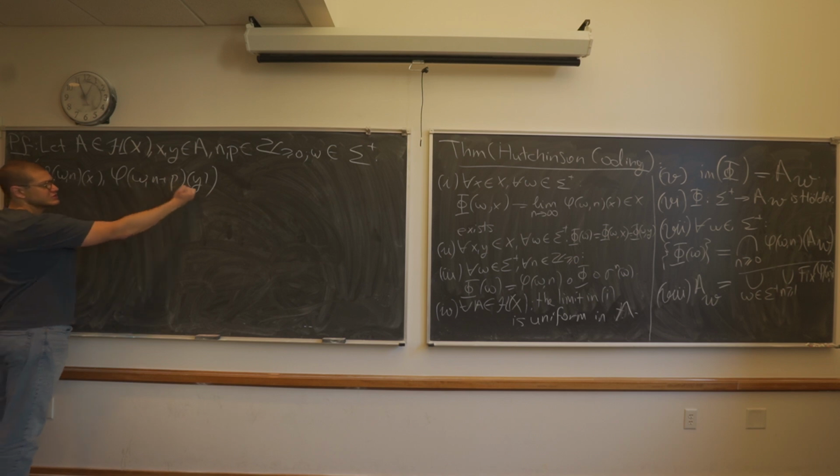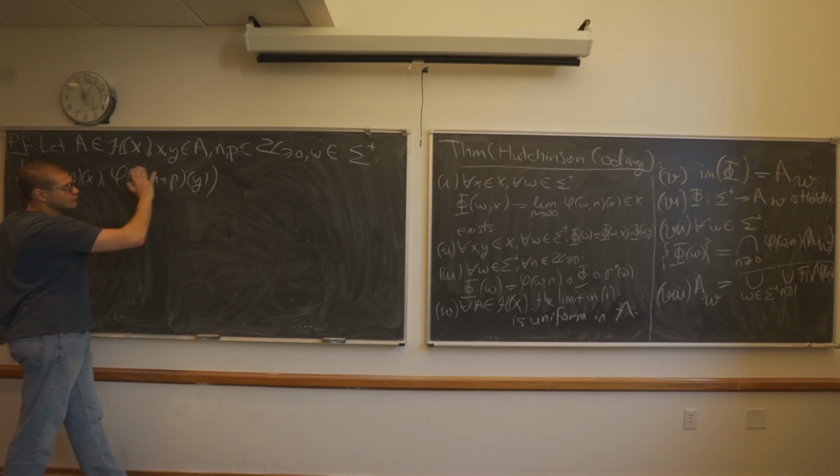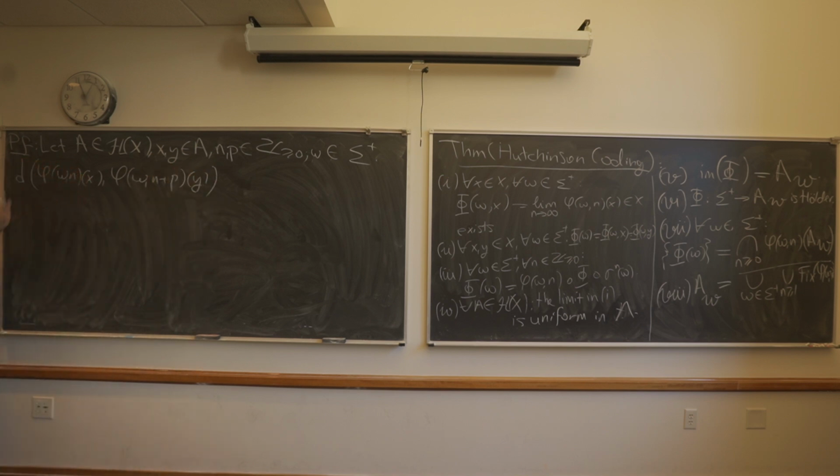So I have 2 initial conditions, okay? 1 sequence, and to x, I'm applying this cocycle up to time n. I'm applying, on the other hand, the cocycle to the other initial condition more, in a sense. So I want to bound this.